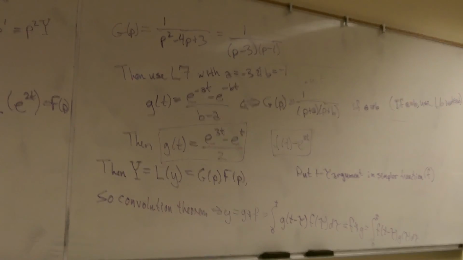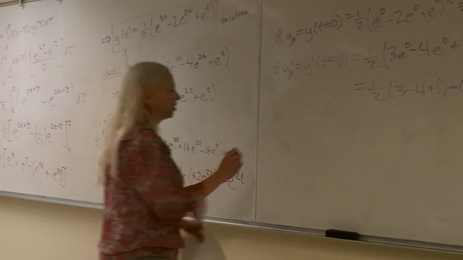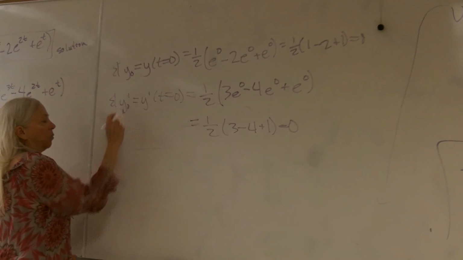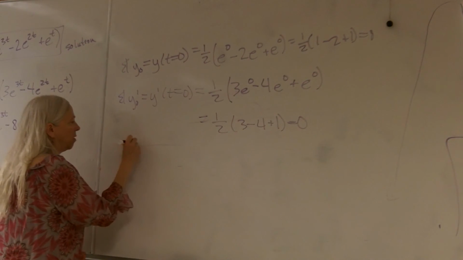Now remember that this was all for boundary conditions when both y naught and y naught prime were equal to 0.